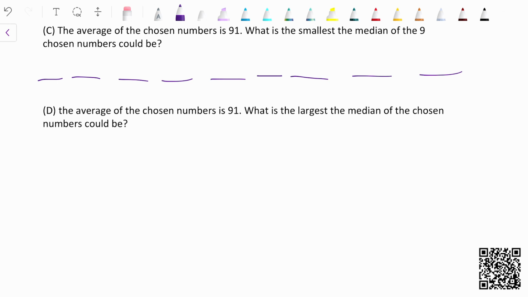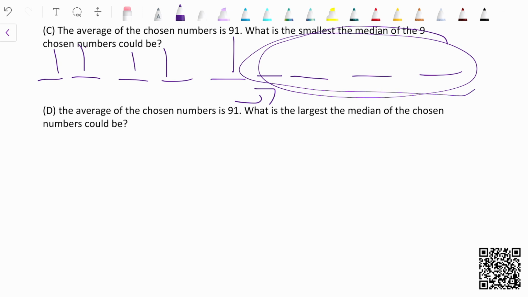So if we set our median to the smallest positive integer we possibly can get, 1, set everything before that to 1 as well, this basically leaves, since in the entirety of our 9 numbers, the sum added together has to be equivalent to 91 multiplied by 9, each of these 5 ones are each missing a 90. Which means that we basically just need to add it back on into the last bit.